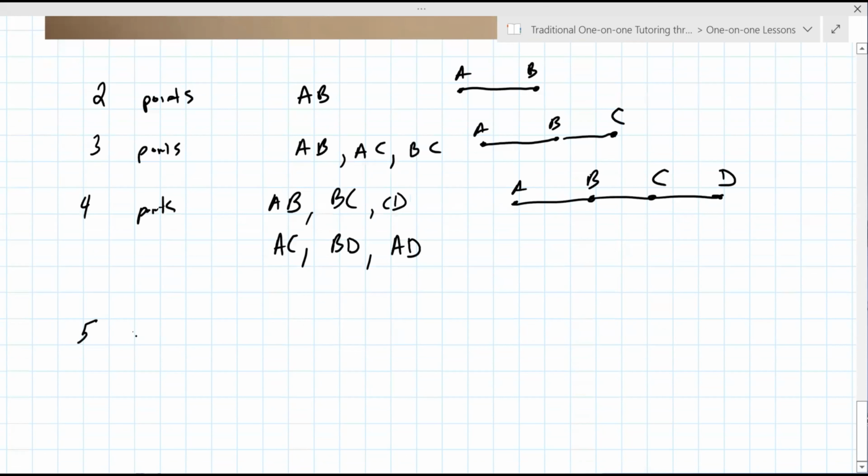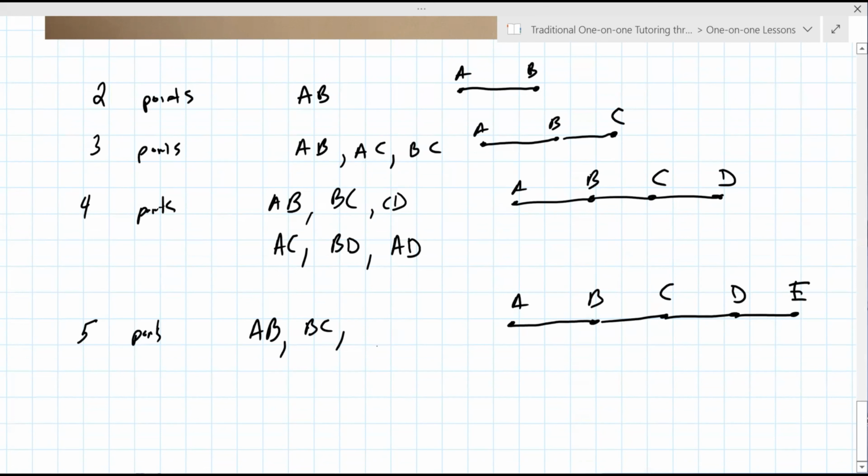Okay, now for 5 points, A to B to C to D to E. So now we're going to do this in order again. We're going to do A to B, B to C, C to D, and D to E. So notice, if we assume these are all the same length, we did all the ones of length 1.